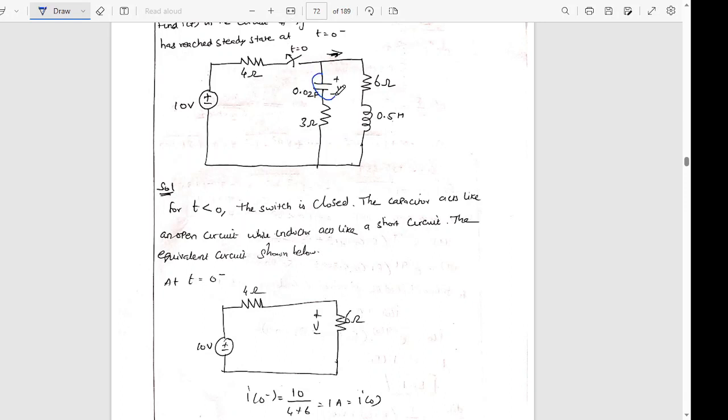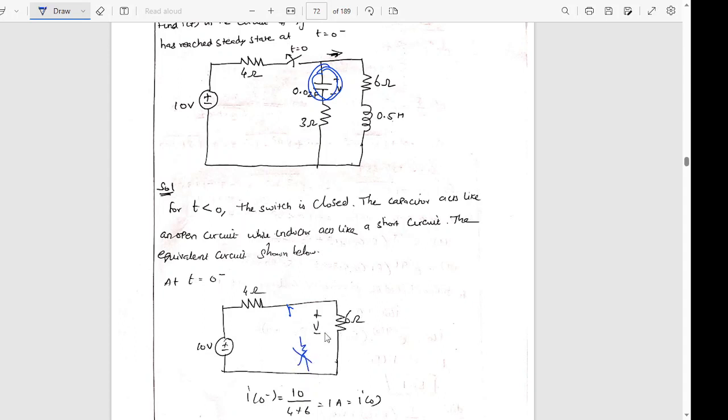This capacitor will act as an open circuit, so I will be replacing this with an open circuit. If I replace it with an open circuit, my circuit will look like this. There is no connection between these two terminals, so there will be no current flowing through the resistor, so I can simply ignore the resistor.